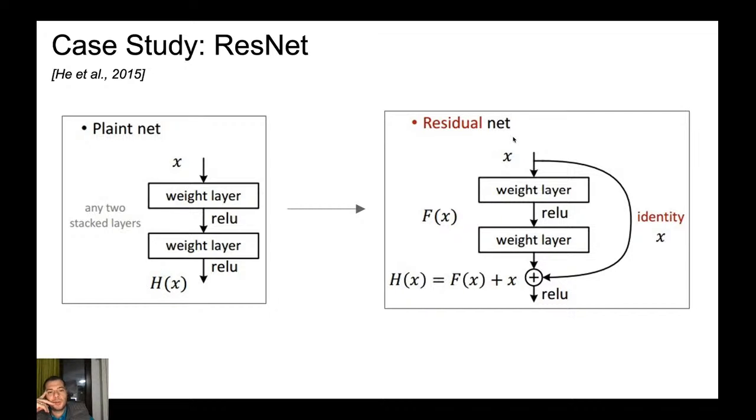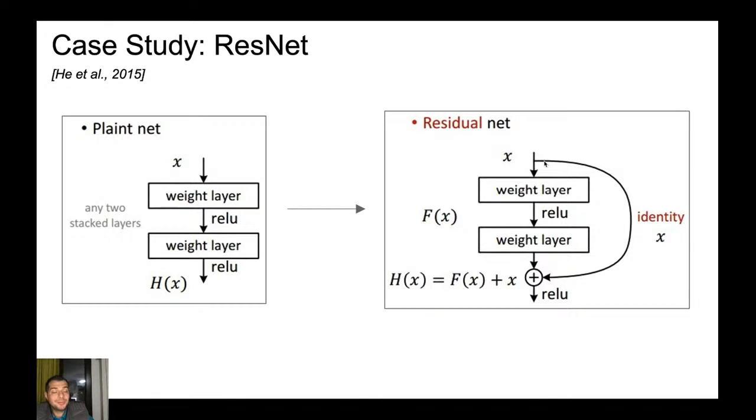In this case, for the residual network, the output is given by this function F of x, which is equivalent to the H from the plain network, and we also add here the input that goes into the first convolutional layer.